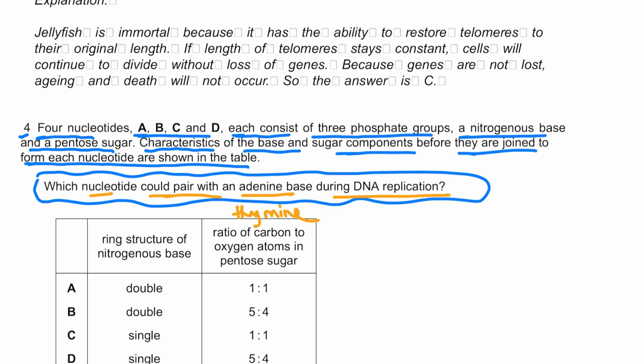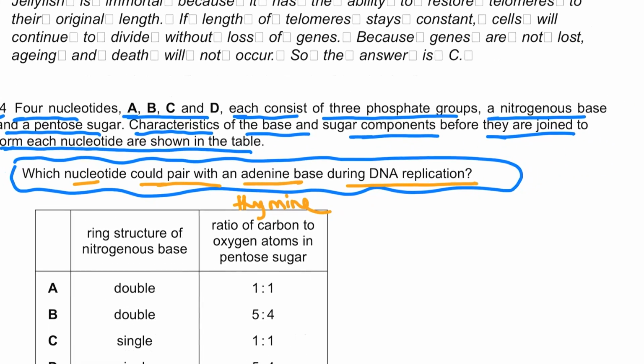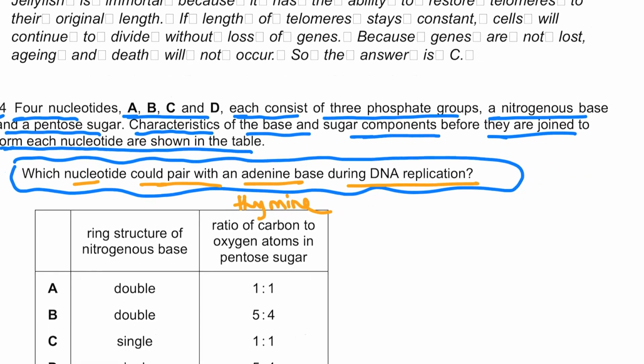So we need to select a nucleotide that will pair with adenine during DNA replication. This means that the nucleotide must contain deoxyribose, because it should be a deoxyribonucleotide, because they are talking about DNA replication.